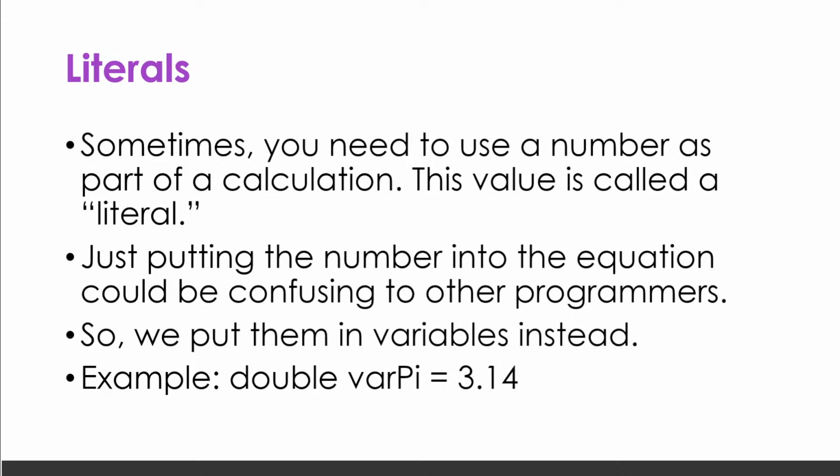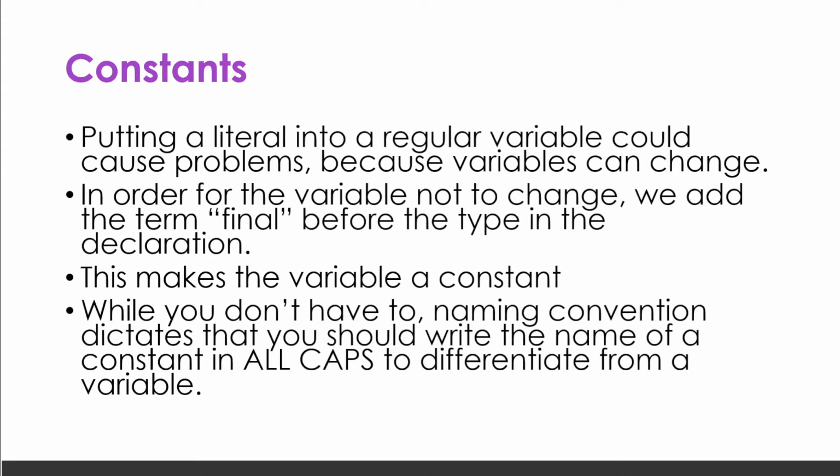Another example of what we would term a literal in some cases would be a constant. A constant is a structure that allows us to put a literal value, so just a data value, into an item that cannot be changed.